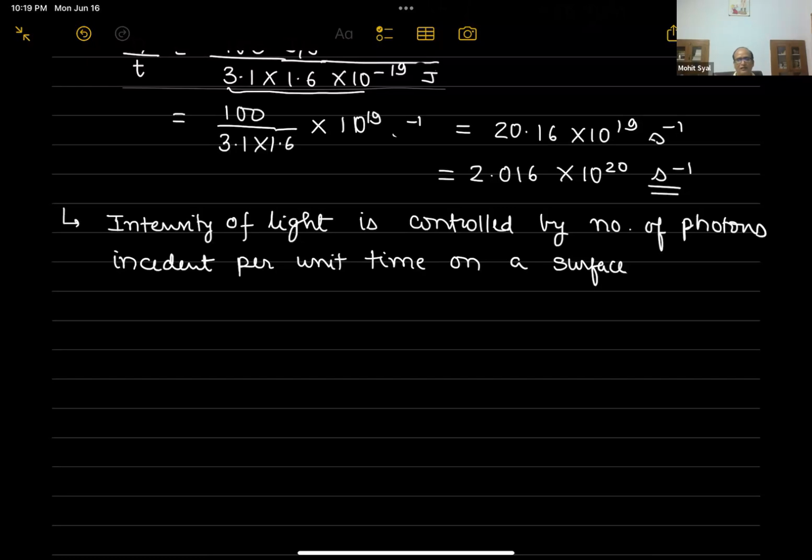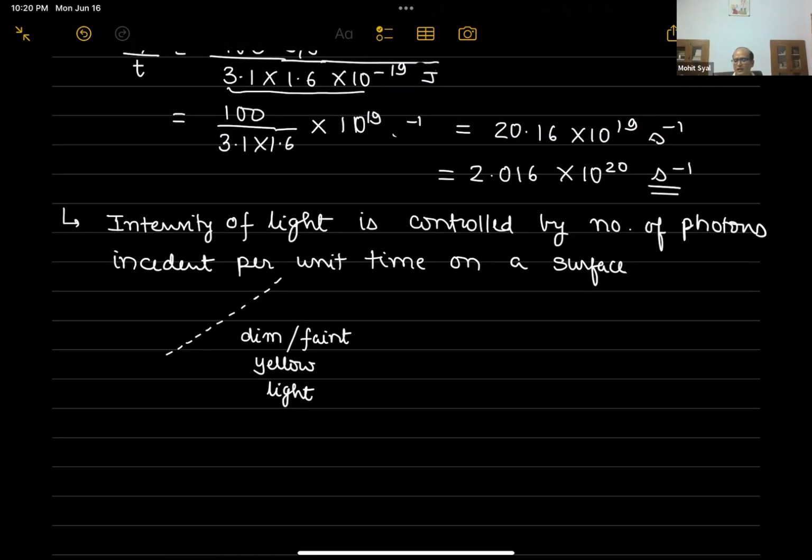Let's say it is dim light, or faint, not a very bright light. So it is carrying the photons of yellow light.